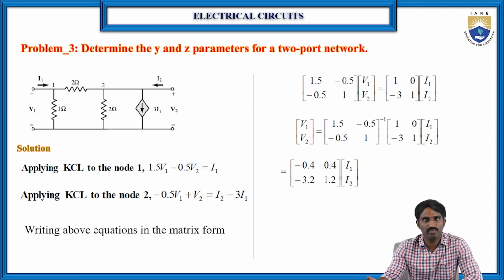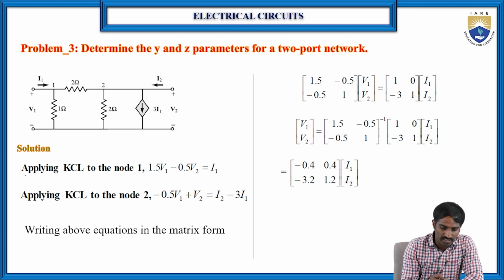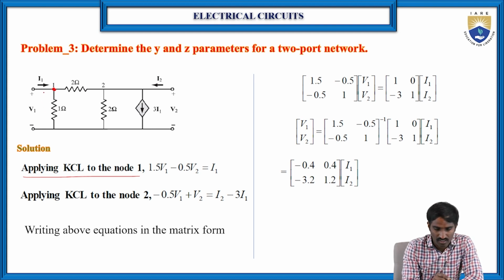As we know, the z parameter equations are the input voltage and output voltage equations. So we should write the input voltage and output voltage equations from this given network. To find that, let us apply KCL at node 1, where this is I1.